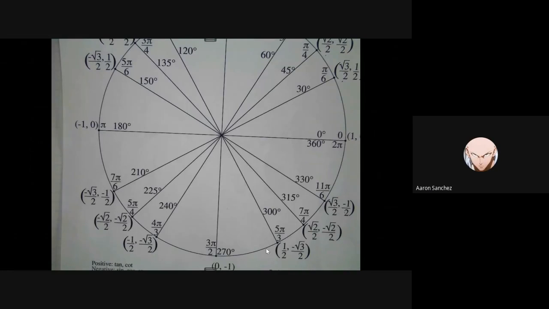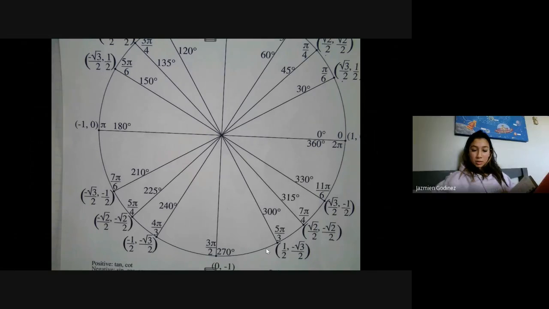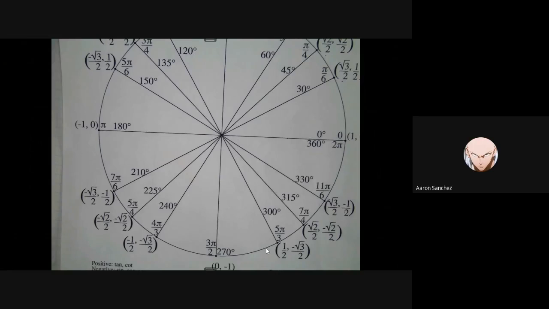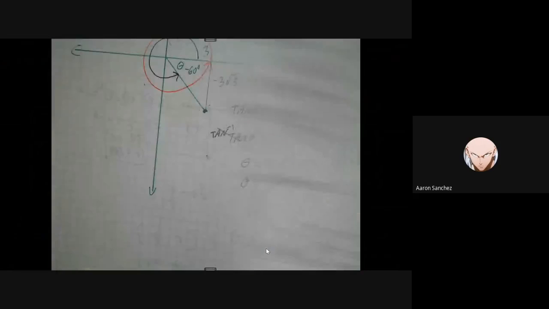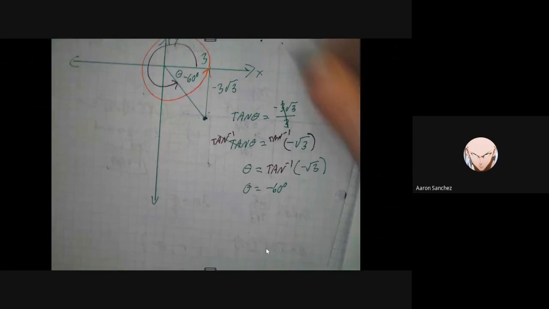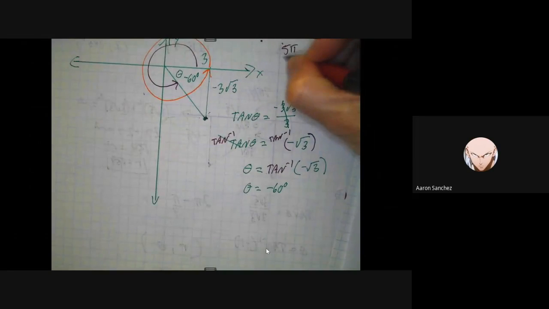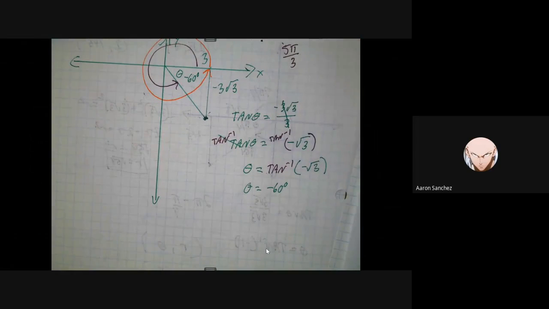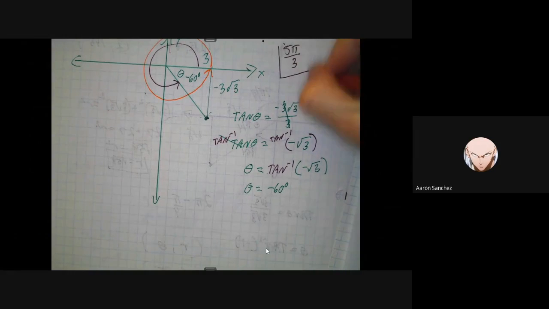How many radians is 300 degrees? Looking at my little unit circle there. Is it 5 pi over 3? That's correct. So it's right there on the unit circle. So it's going to be 5 pi over 3 radians. And that's how you figure it out.